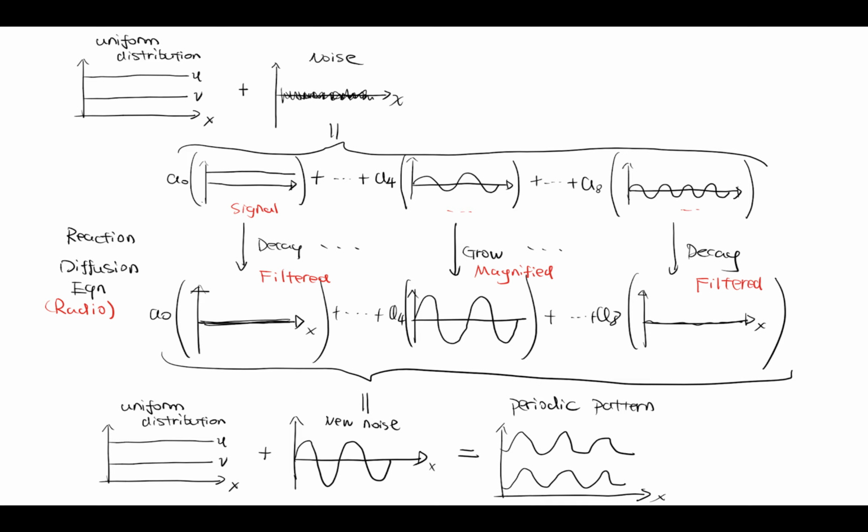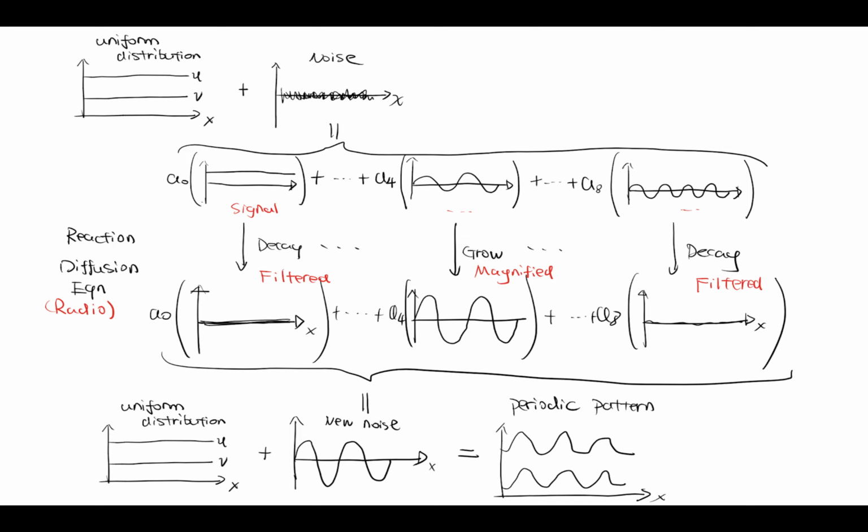Now, the reaction diffusion equation is like a radio, which filters certain frequencies. Say the A0 and A8 frequencies decay and become nothing, while the A4 frequency gets magnified by the radio and becomes a prominent periodic pattern.